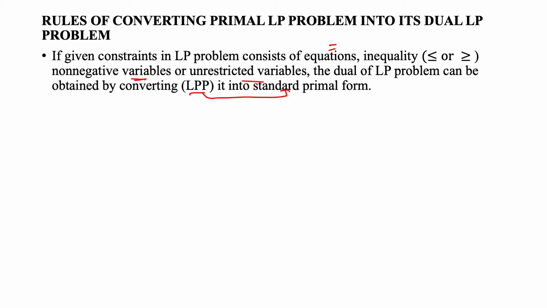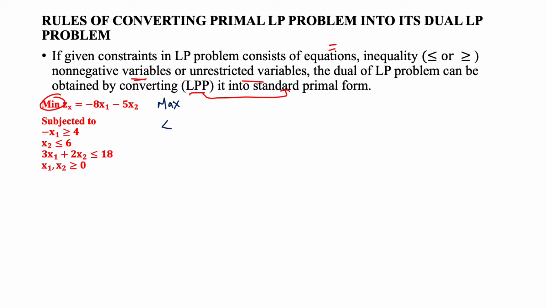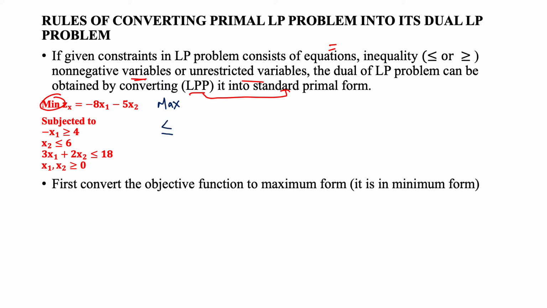So the first step in that is, suppose I have a minimization form. I am taking my standard form where my objective function will be in maximization form and all the constraint equations will be in less than or equals form. So the first step is to convert my objective function to a maximization problem by multiplying with -1.